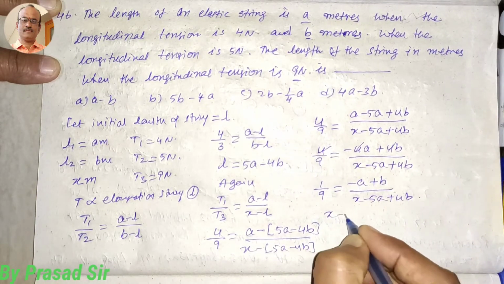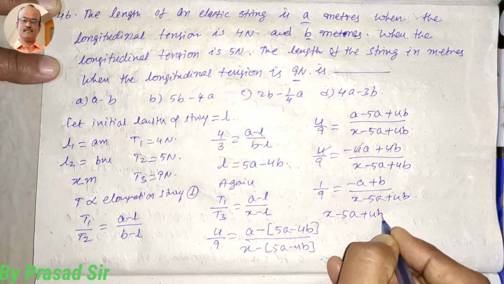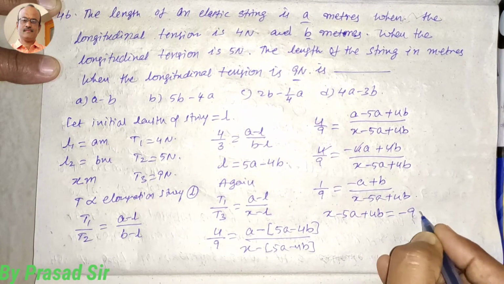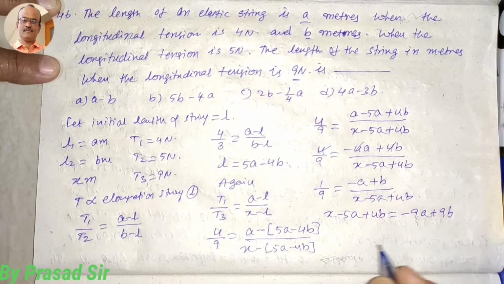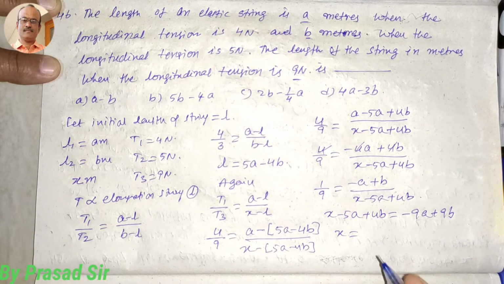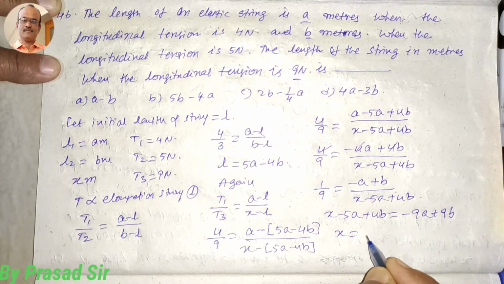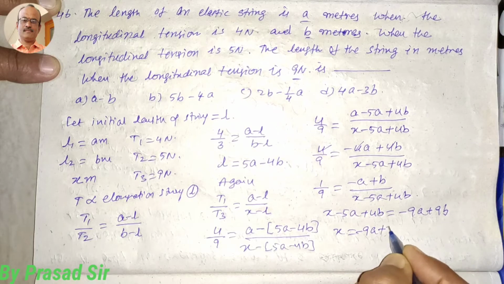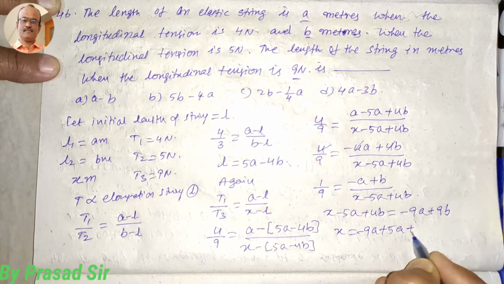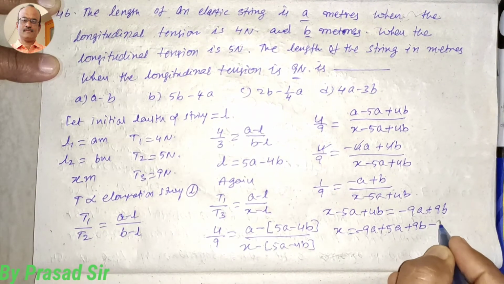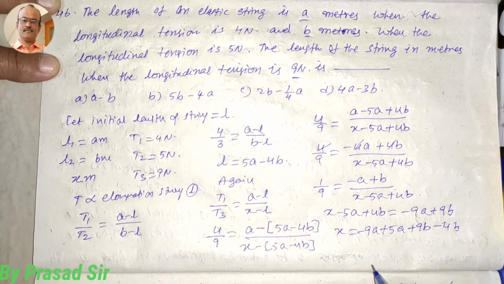So x minus 5A plus 4B is equal to minus 9A plus 9B. So x is equal to minus 9A plus 5A plus 9B minus 4B.